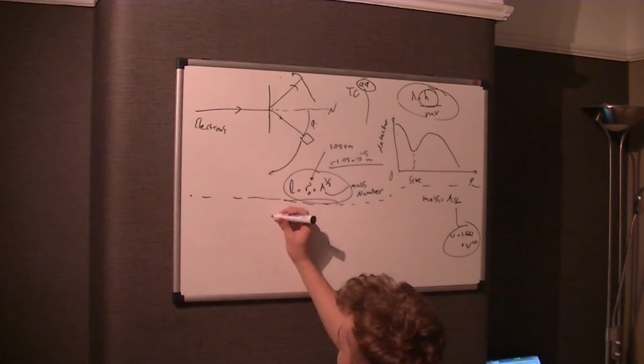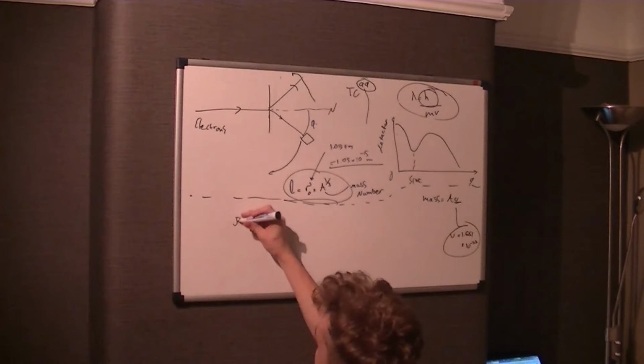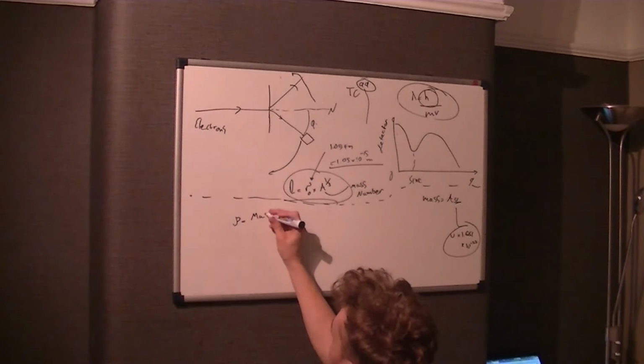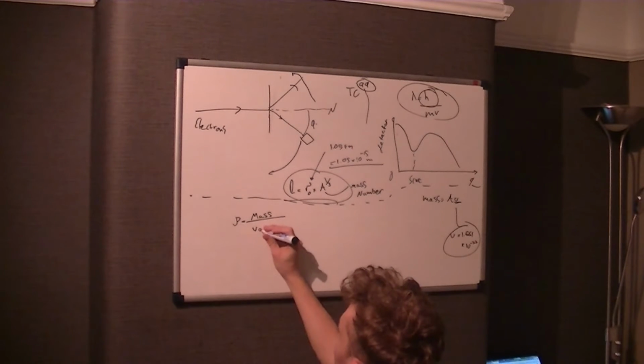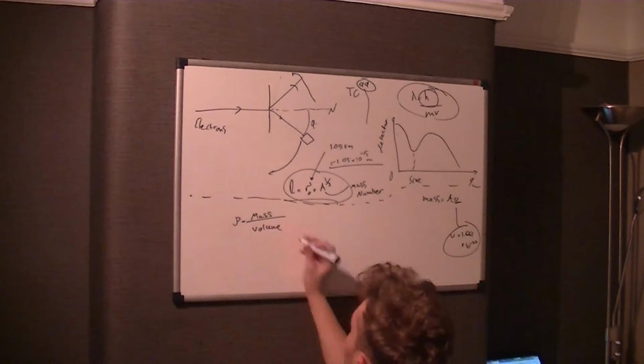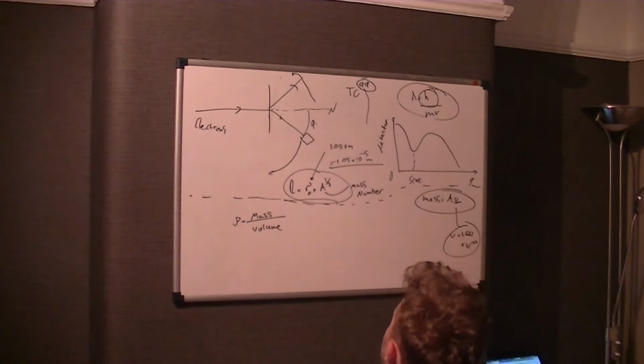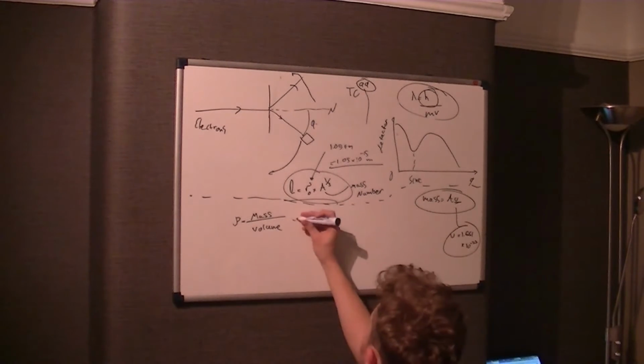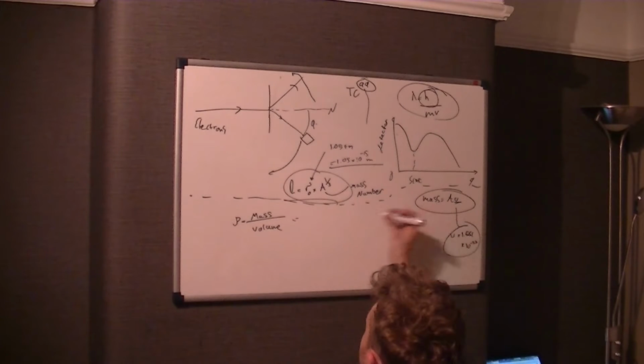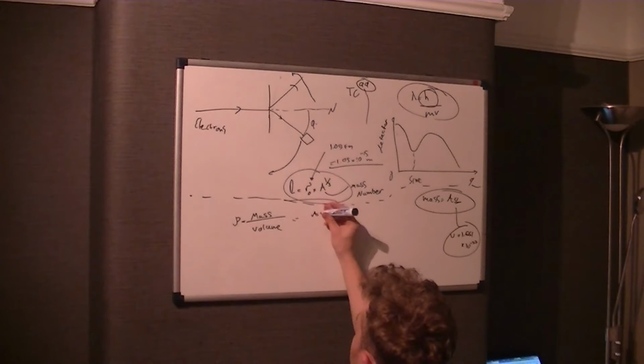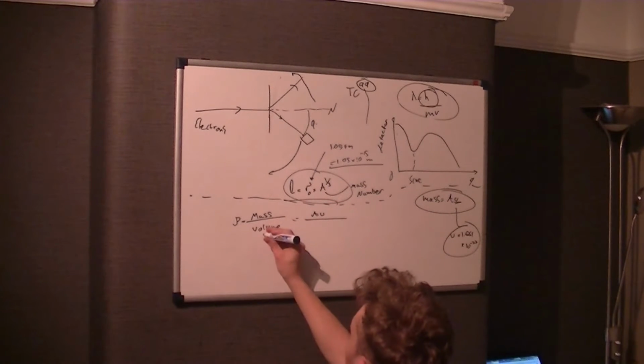You should know that the density is equal to the mass over the volume. I know this is the mass of the substance, so if we put that in, the mass is AU.